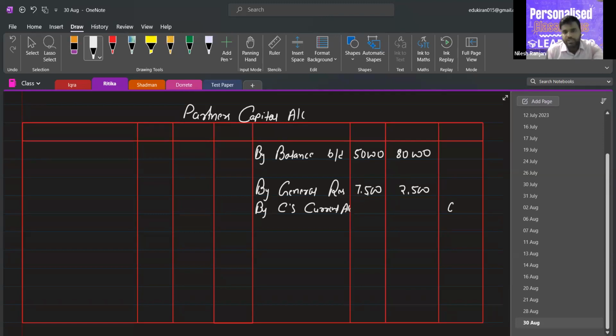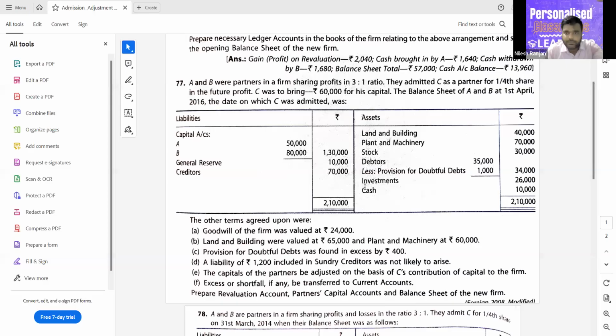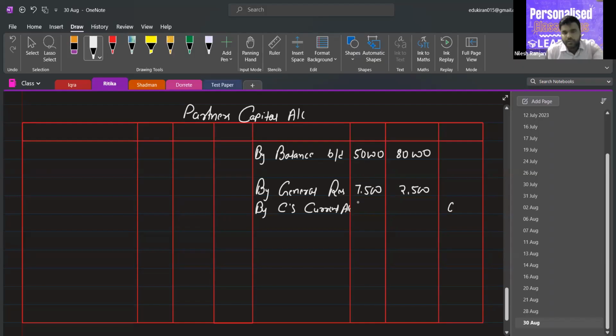So there will be a separate current account. 6,000 will be distributed in the sacrificing ratio, which is same as the old one, 3:1. So 4,500 and 1,500. Is this clear?